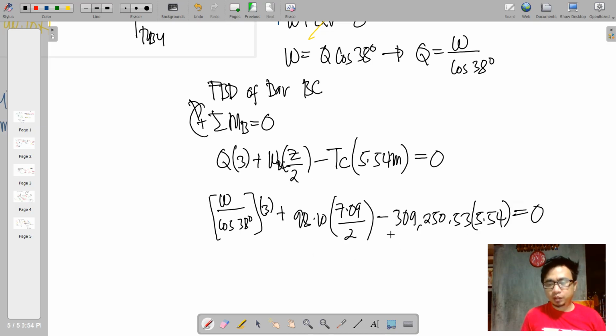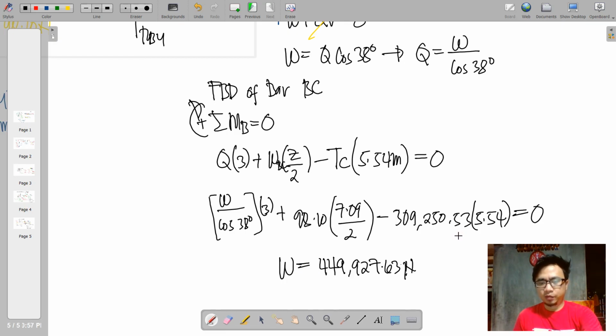Of course, you can now manipulate and get the value of W. So we have 449,927.63 newtons. This is the largest weight considering the allowable stress on the cable.